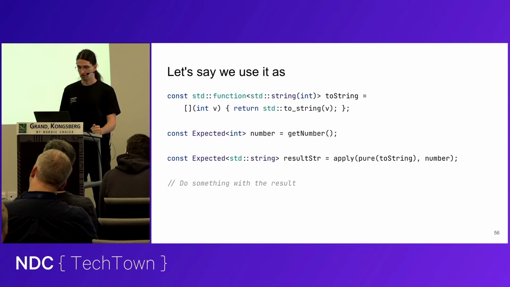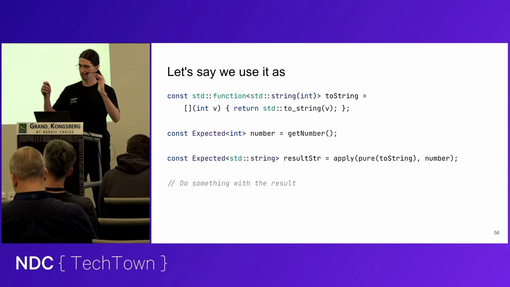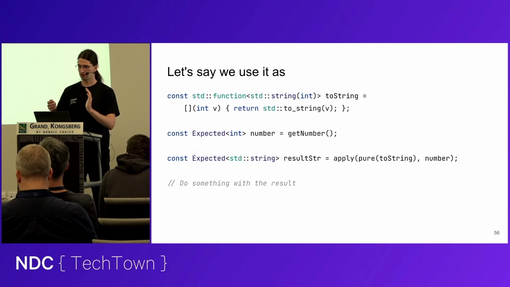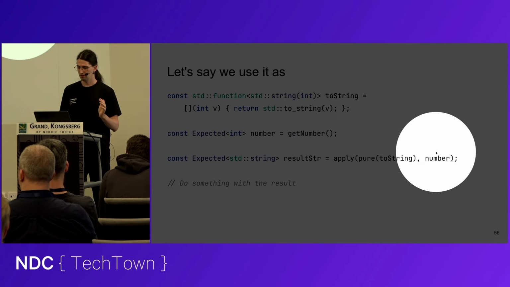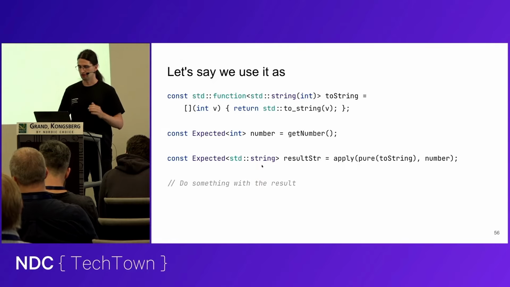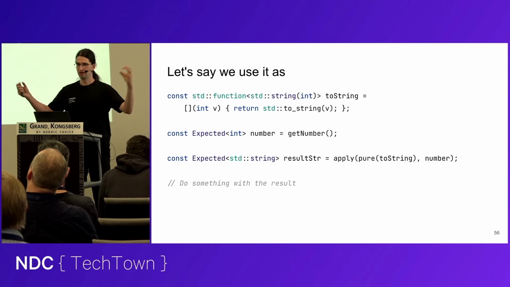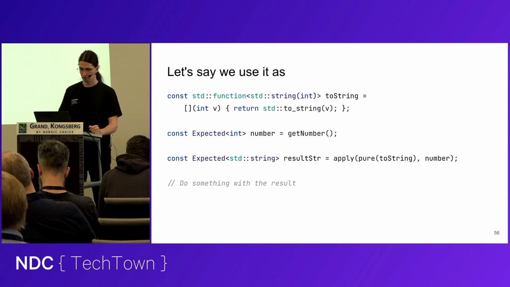So if we want to use our apply, we use pure of toString, we wrap our toString function into this expected thing, and then we invoke it on the number. And the result would be expected of string, where we potentially unwrap our function and number and invoke it. And then we do something with the result.